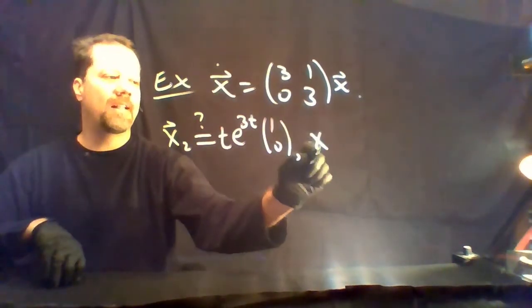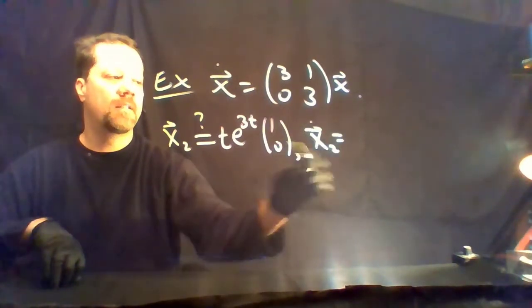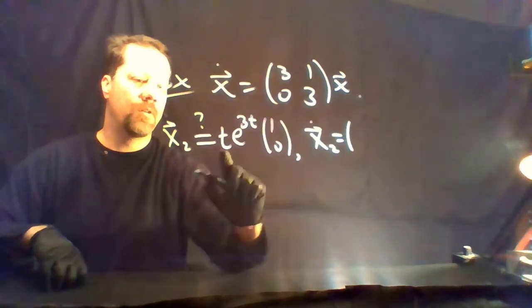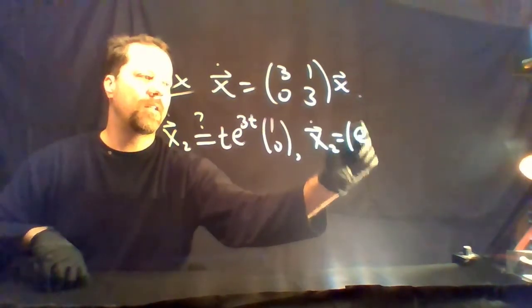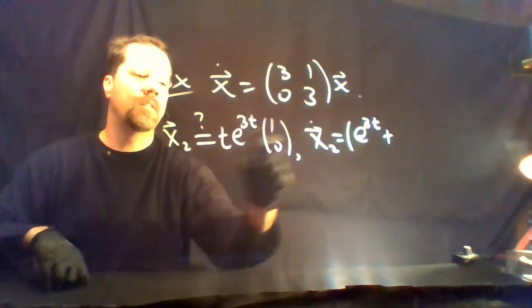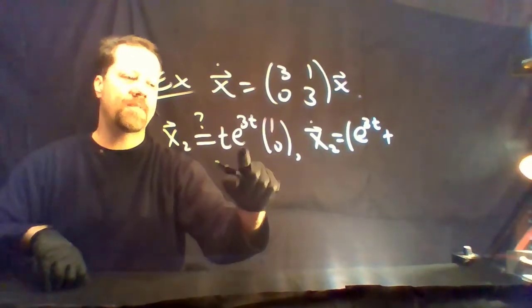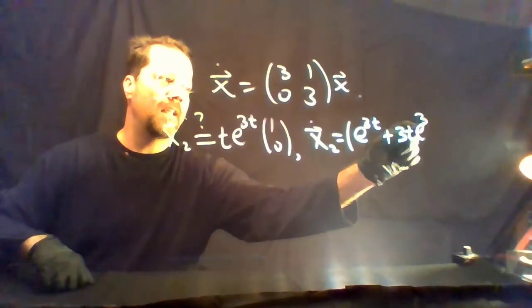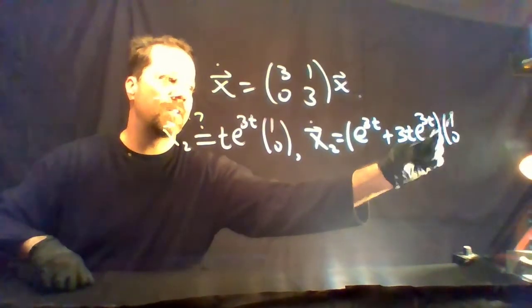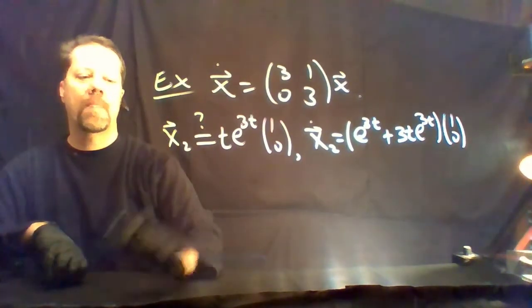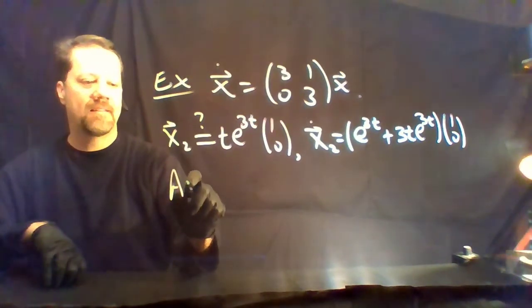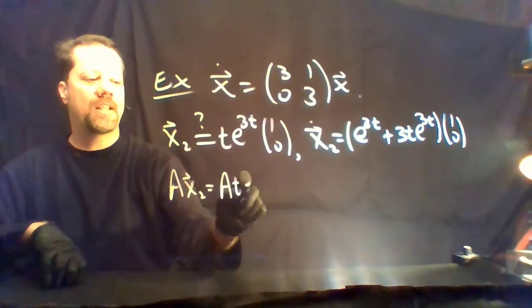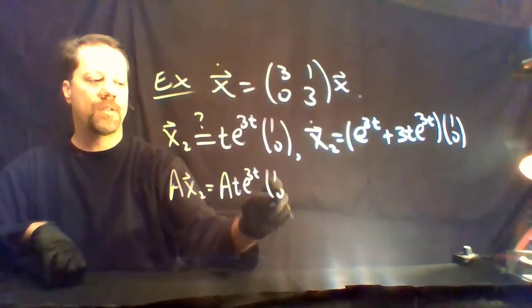Well, let's calculate its derivative. The derivative is going to be calculated using the product rule. The derivative of t is just 1, so we have e to the 3t, plus t times the derivative of e to the 3t, that's 3t e to the 3t, times the constant vector (1, 0). If we take A times x2, we have A times e to the 3t times (1, 0).